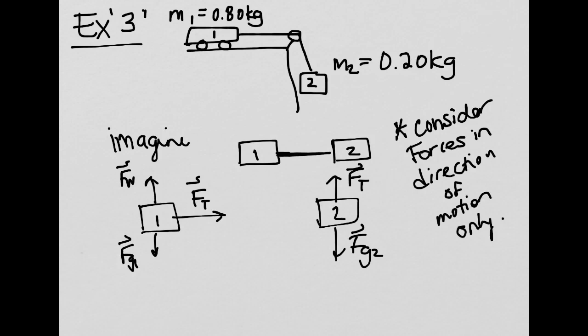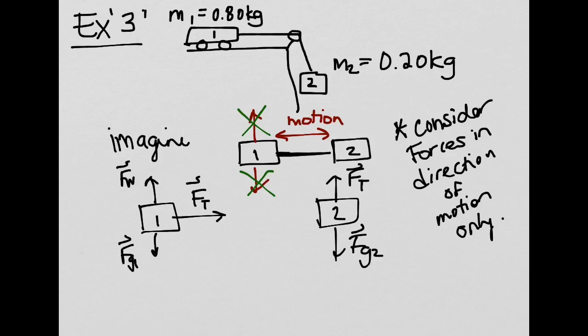That means this Fn and Fg do not contribute to the overall net force of the system because they are actually going here and here. So because the acceleration is this way, or we don't know, the motion is in that direction, then we don't actually need to consider those forces when we figure out our net force.